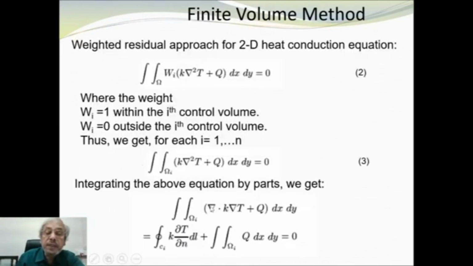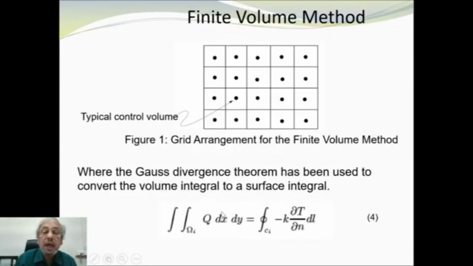Here we can see basically the divergence of k del T plus Q, and we can apply the Gauss divergence theorem and convert the volume integral into a surface integral, but here it was per unit depth, so volume per unit depth.